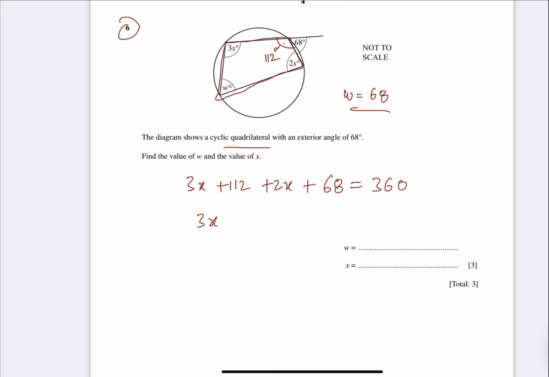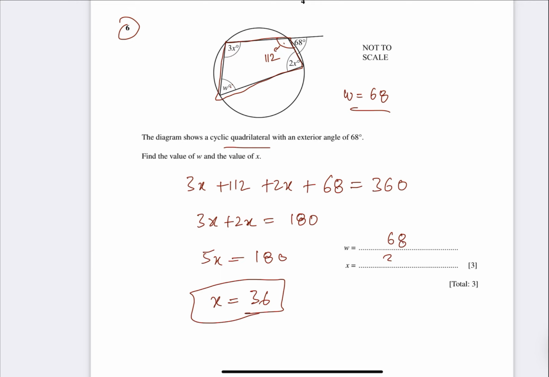So 3x plus 2x equals 180. So 5x equals 180. So x equals, just divide it, 36. Very good. We got the answer for this one as well, learners. So x equals 36, w equals 68.